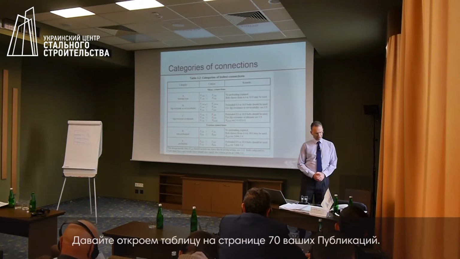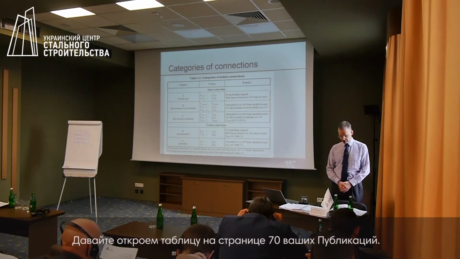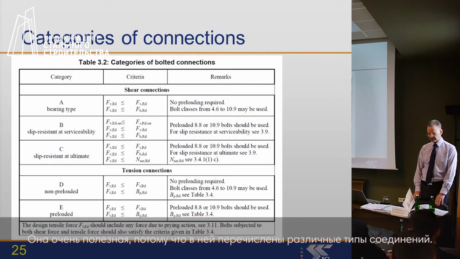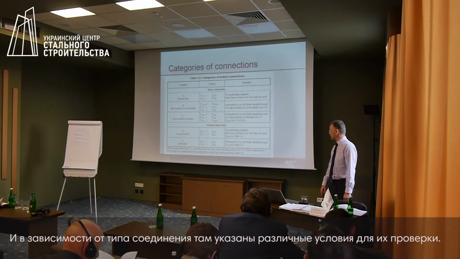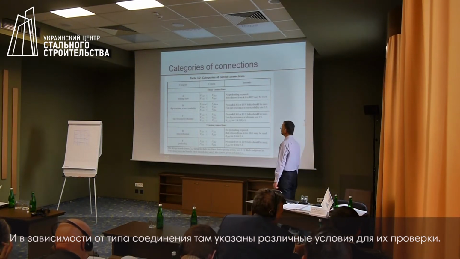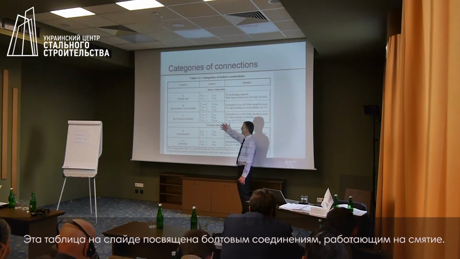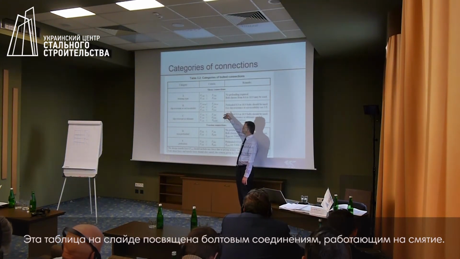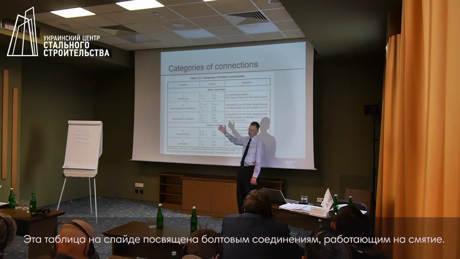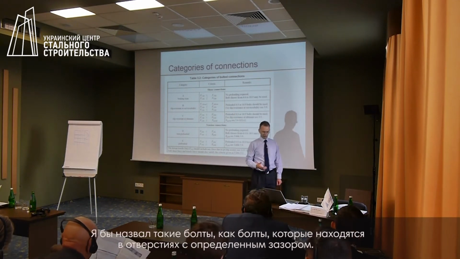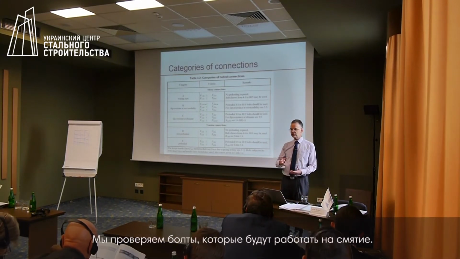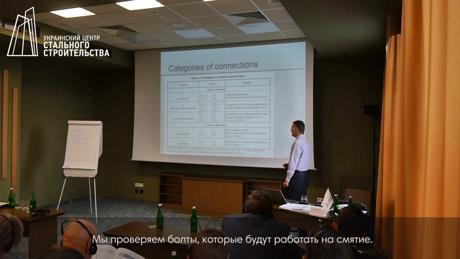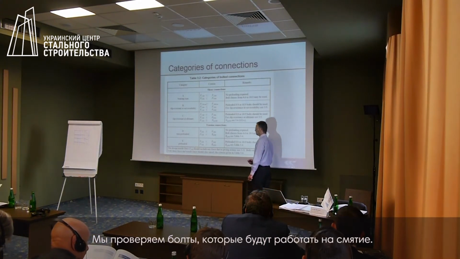The table that you will find on page 70 of your guide is also very helpful, because in that table there is a list of different connection types, and for the different connection types it describes the things that you should check. So this table is talking about bolted connections, so it talks about bearing type bolts. I would describe bearing type bolts as bolts in clearance holes. So we expect some deformation to take place. We expect the bolt to go into bearing.